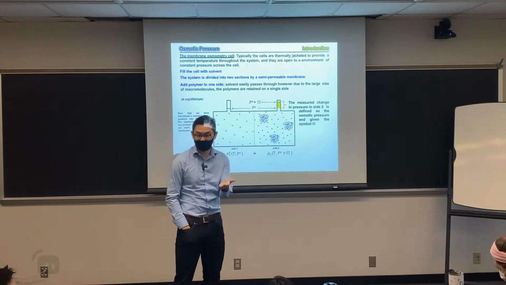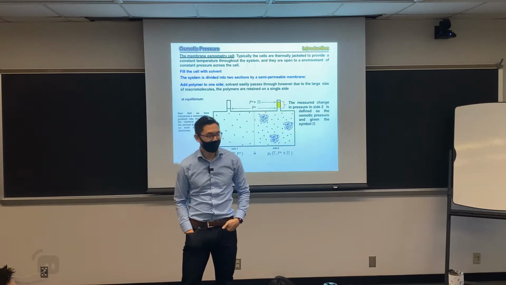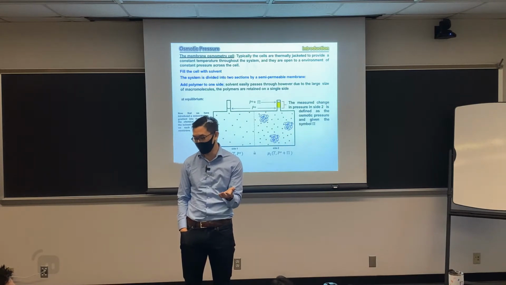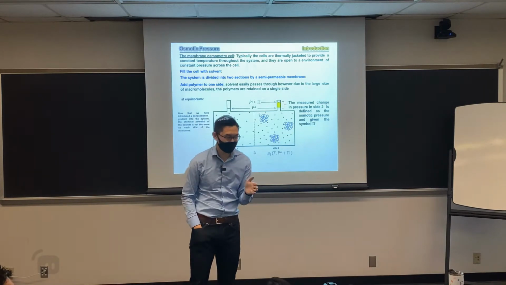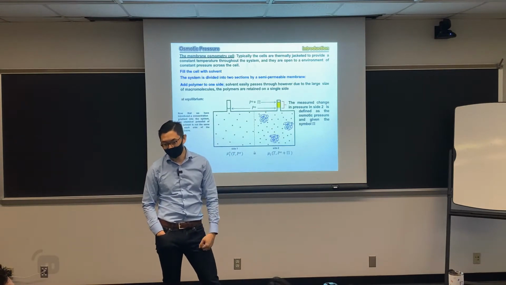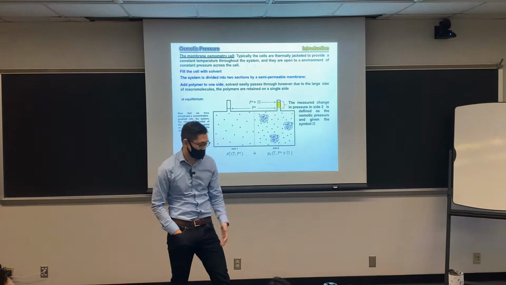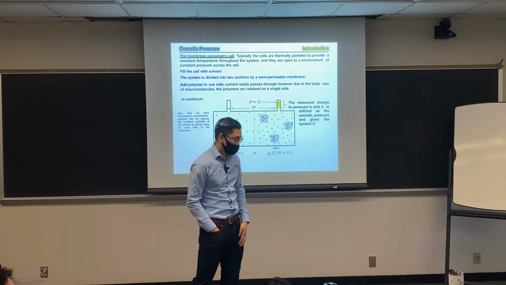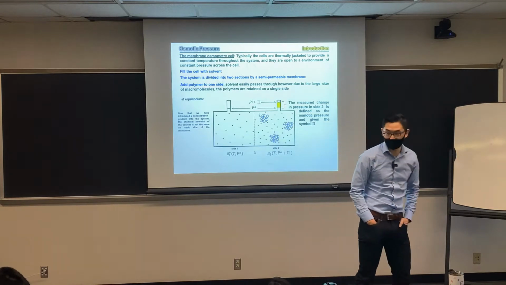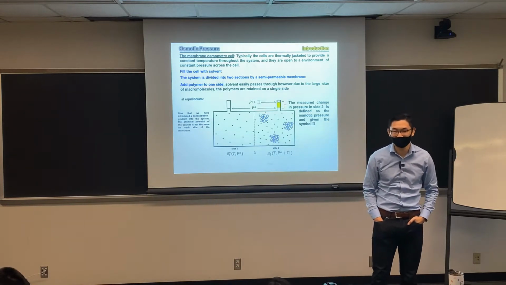That's one important application, although nowadays I think this technique could still do that, but nobody is doing it just because it's not as efficient as other techniques such as static light scattering and GPC to determine the molecular weight. But yes, that's absolutely one of the applications of osmotic pressure.